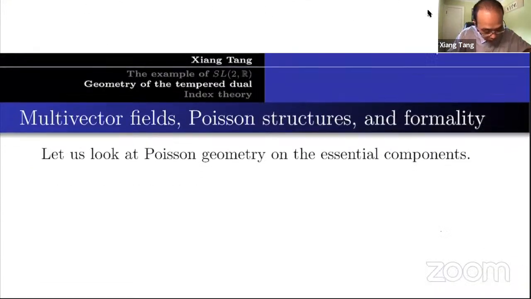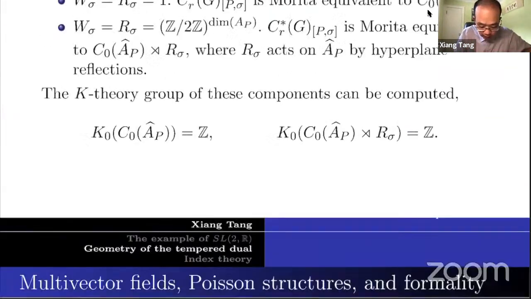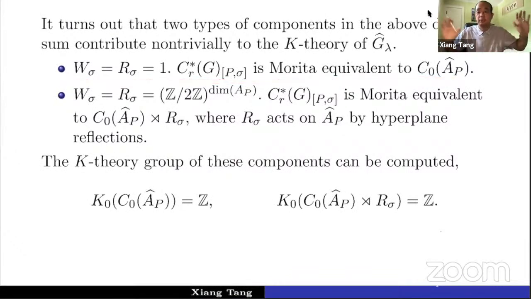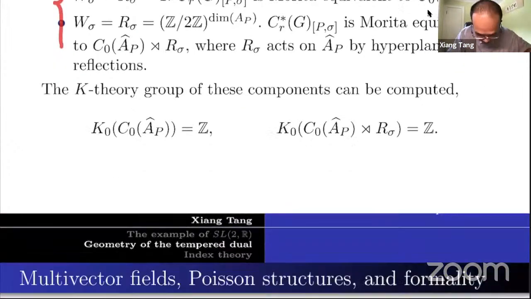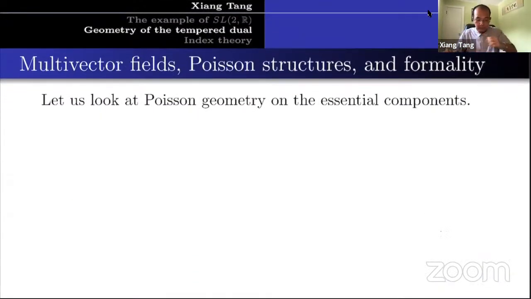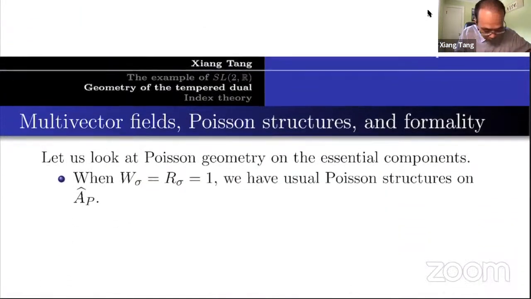Okay, so now let me focus on these two components. Just now we had one component, the simplest possible space, so we know its geometry. Now I want to look at these two parts, which is what I have on these slides: multi-vector fields, Poisson structures, formality and deformations. For the essential component, the simple part, it's easy.